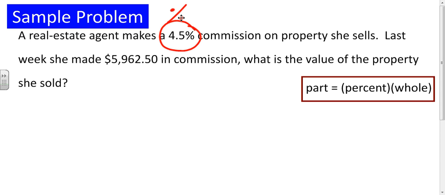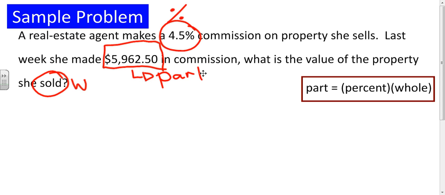And then this next number, she made $5,962.50 in commission. And you're trying to figure out the value of all the property that she sold. So the value of everything she sold, that is the whole amount, the total amount. And this commission, she gets paid a part of what she sells. So that commission is the part.